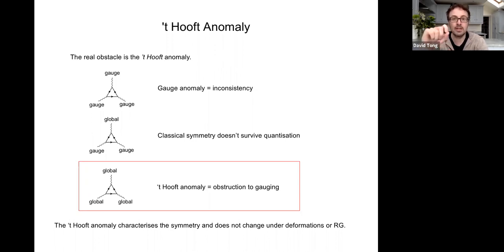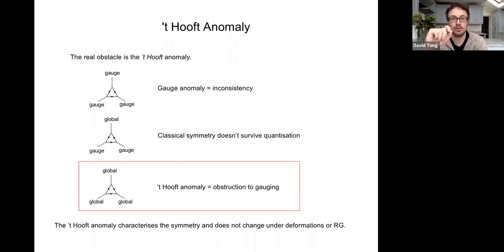However, the Hooft anomaly gives a number, which is an integer, which characterizes the symmetry. And the power of the Hooft anomaly is that anything you do to the theory, deforming it in any way, letting it flow under RG, this Hooft anomaly number cannot change, provided that the symmetry remains unbroken.